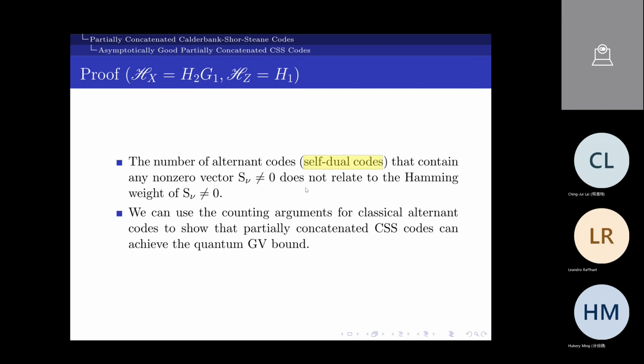And another code we will find that satisfies the constraint is self-dual codes. That is, the number of self-dual codes that contain any non-zero vector also does not relate to the Hamming weight of SV either.